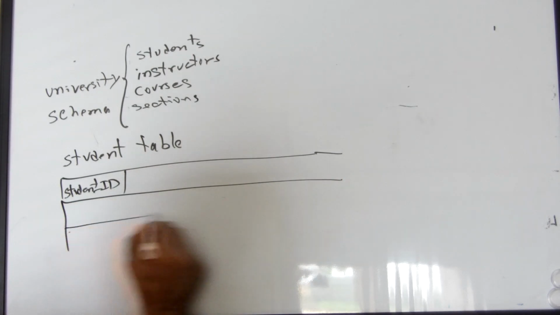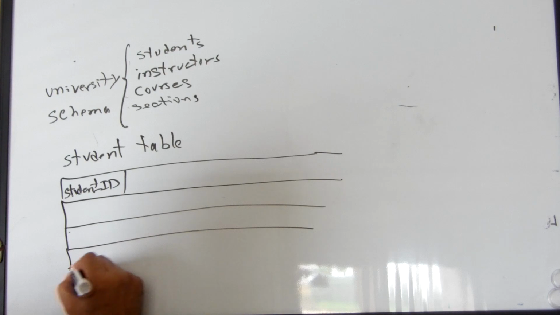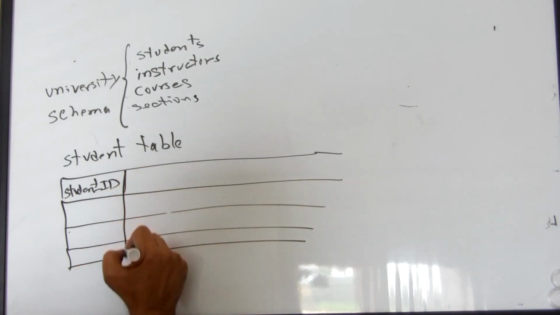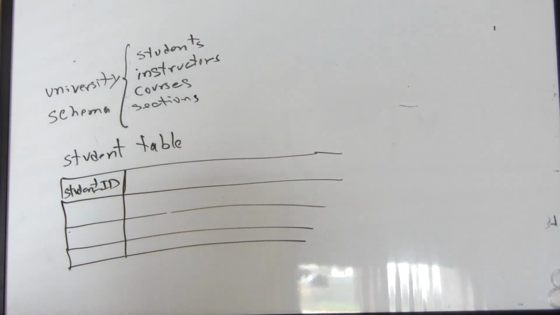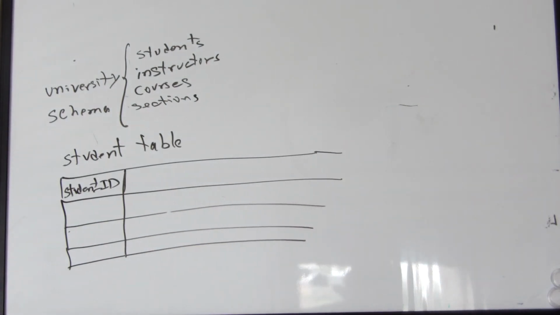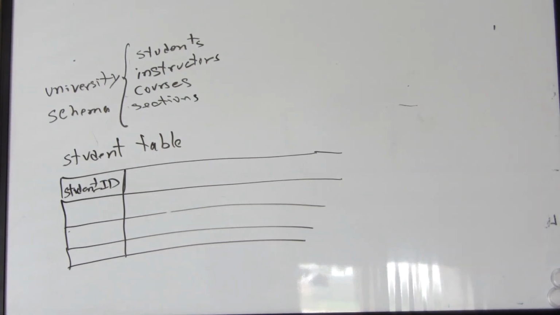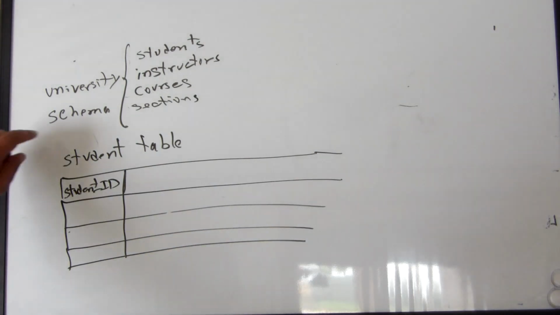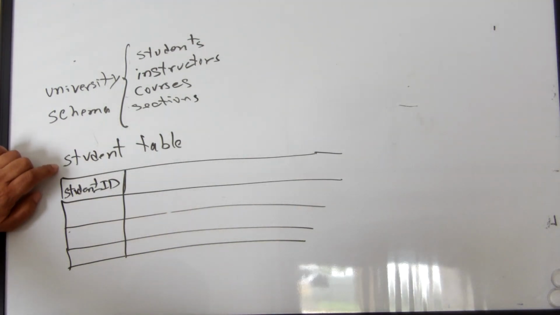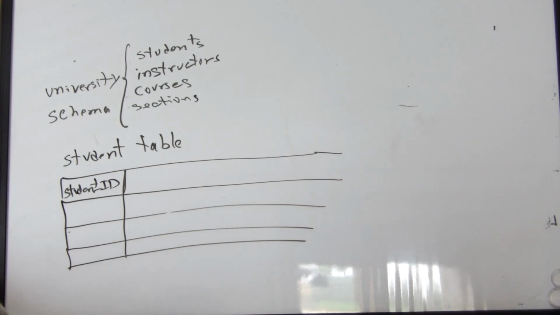Here I'm just showing you the items that exist in the table, and these items describe the object. This is the student, which is an object.